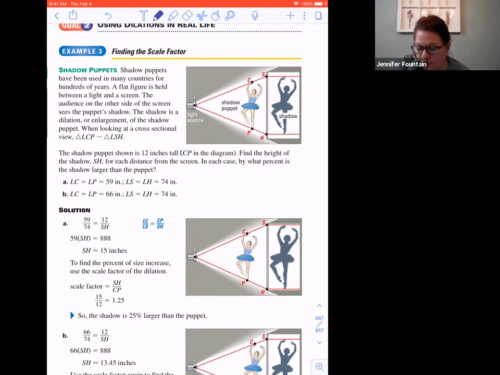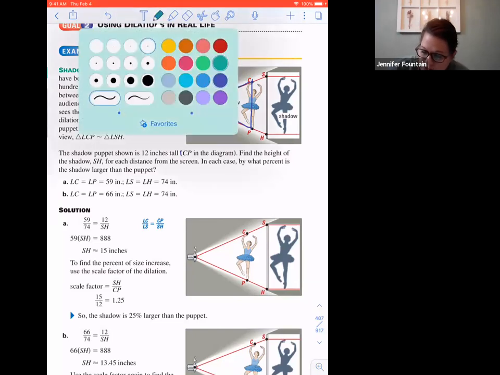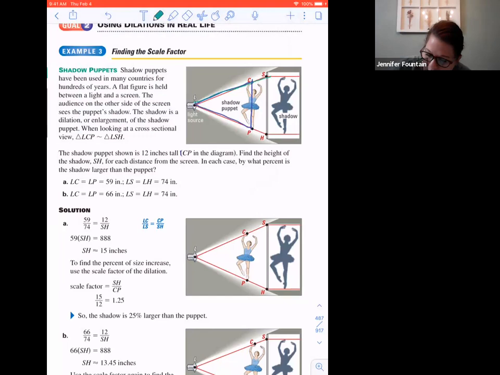When looking at the cross-sectional view, we can see that triangle LCP is similar to triangle LSH. So what I want to do first is look at LCP. What they're talking about here is I've got L to C to P, so there's one triangle, and then we have LSH, which is this one right here.